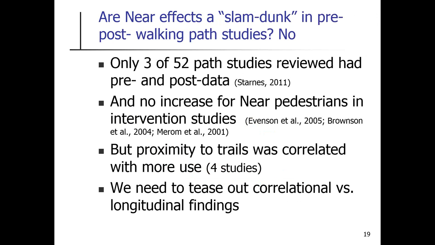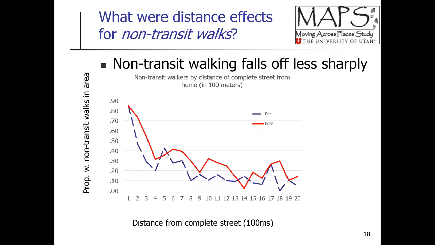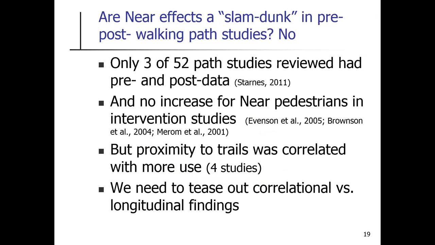Given that both of these slides that I just showed do in fact show an effect of exposure to near transit, one might think, oh, it's easy to get these near effects. But I want to caution you against that, because I've had a lot of people come up and say, well, duh, if you have somebody living near a new bike path or walking trail, of course they're going to get more activity.